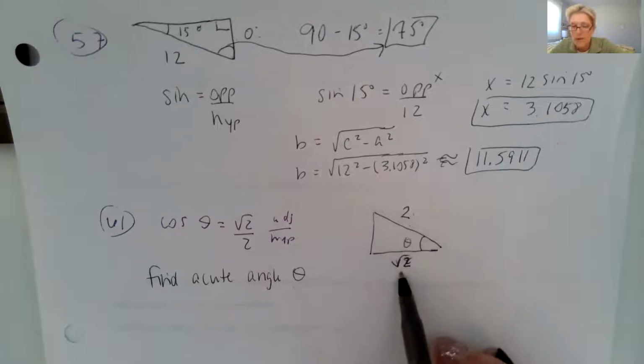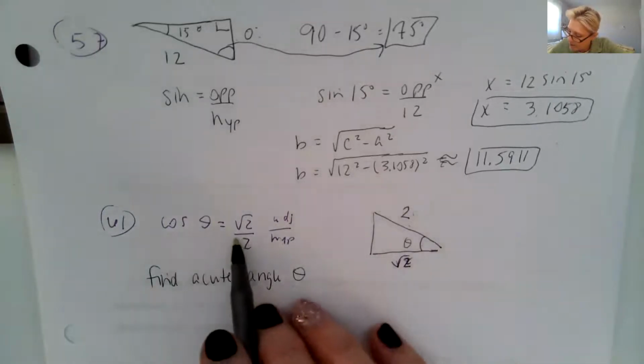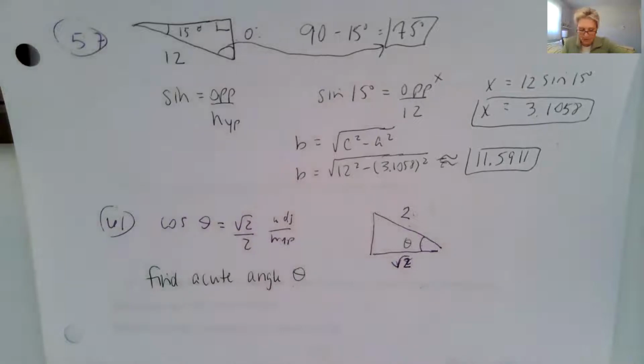Okay, so we're just finding the angle whose cosine is the square root of 2 over 2.